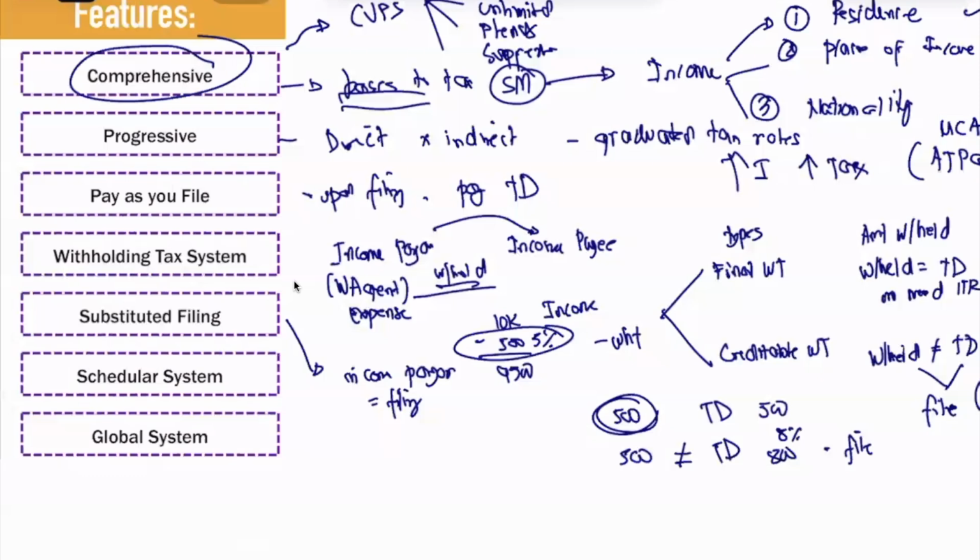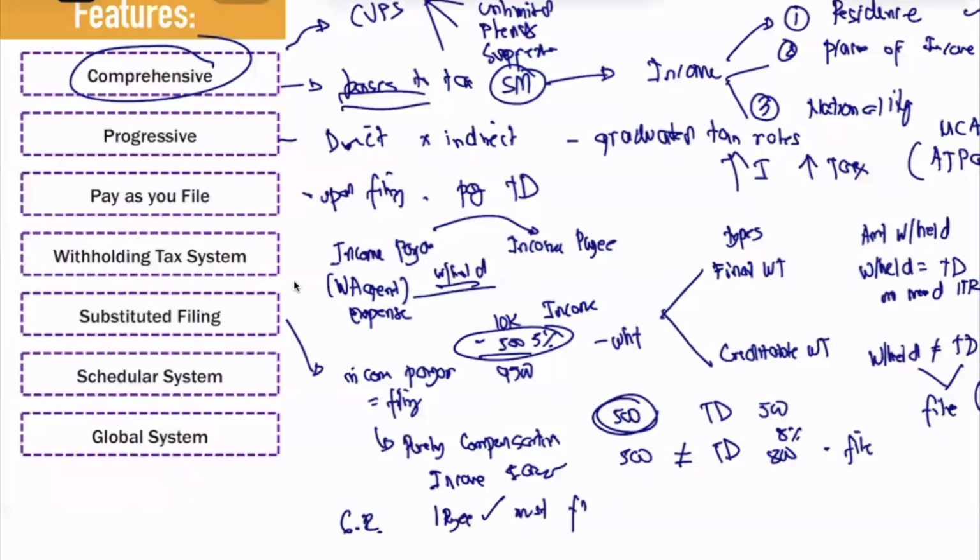So when can there be a substituted filing? The only way that there is a substituted filing is if you are a purely compensation income earner. Again, in a substituted filing, the general rule is that the income payee must be the one to file. What is the exception to the rule?